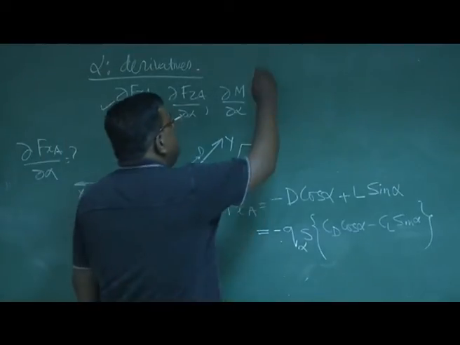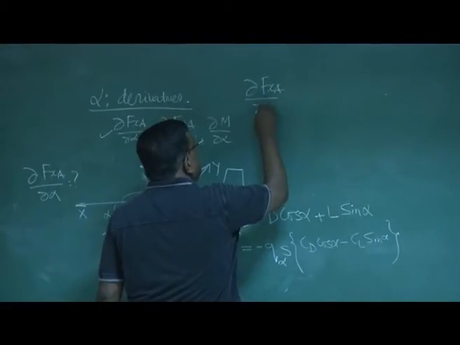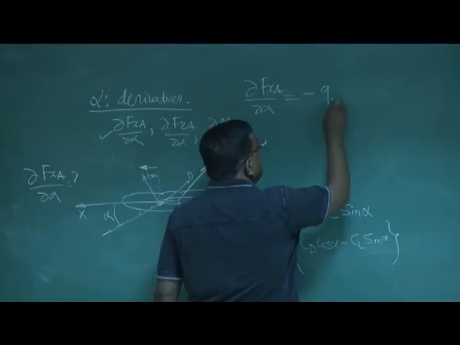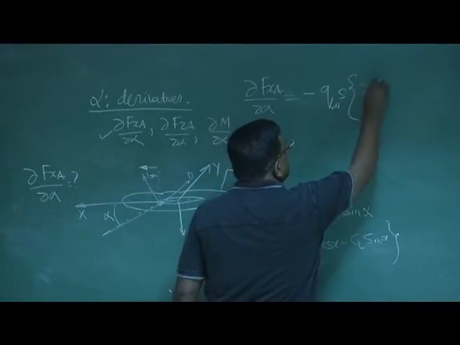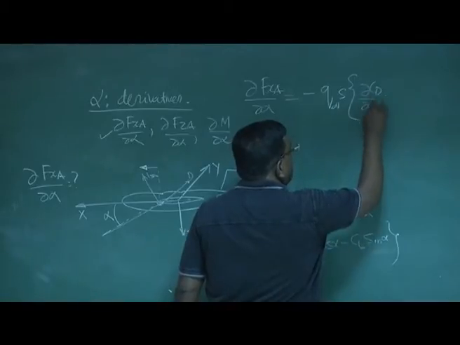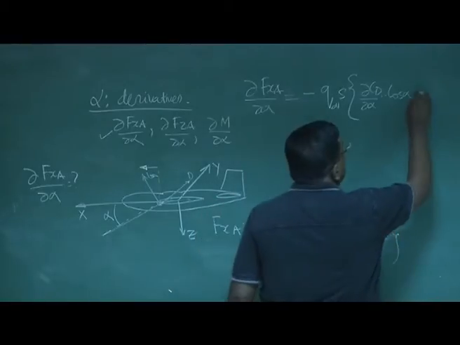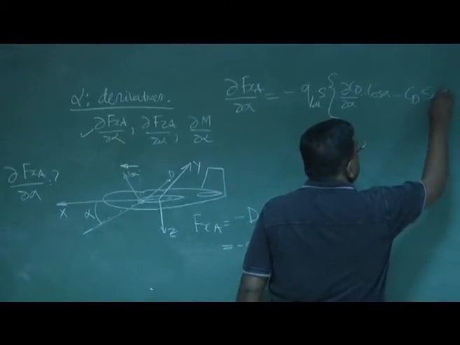Now I take derivative dfxa by d alpha. This will be minus q infinity S, okay. This is first term dCD by d alpha into cos alpha, then I keep CD, minus CD into sin alpha.